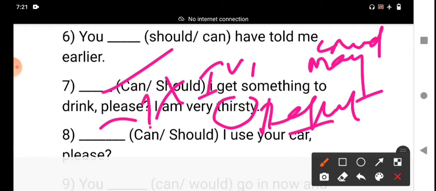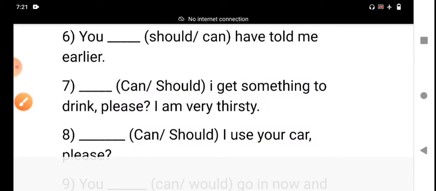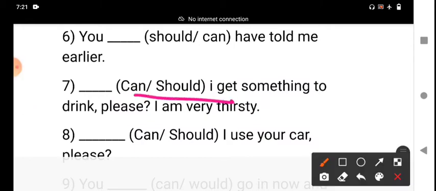In this interrogative mode, can I get something to drink please means it is a request. May is also used for request. Could is also used for request. We use can as a question form to make a request.